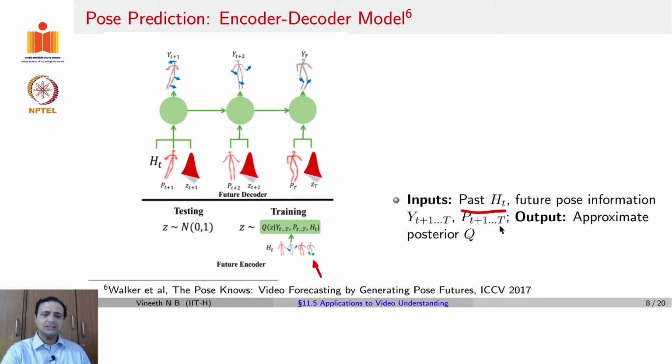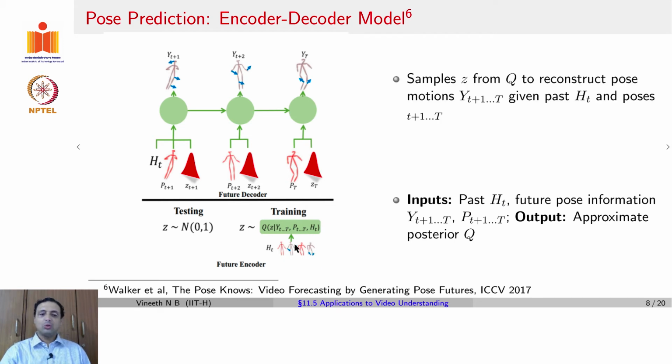By pose skeletons, you have to recall methods like DeepPose, which give us an xy coordinate location for certain joint locations of a human skeleton. Since this is a variational autoencoder, the encoder outputs an approximate posterior Q, which is shown here. And what does the decoder do?